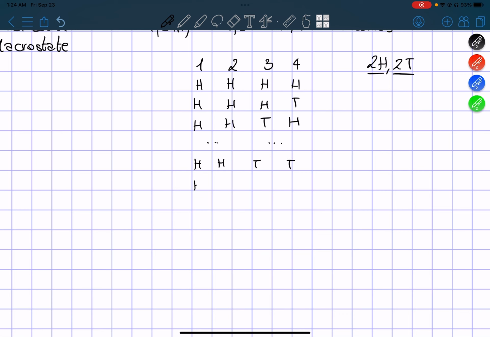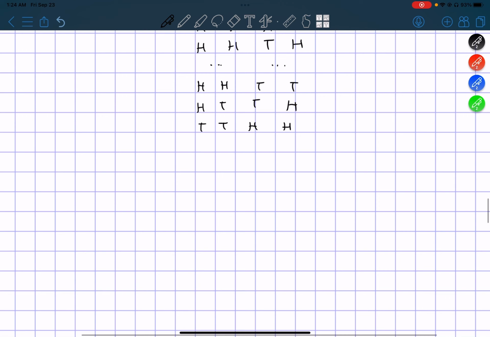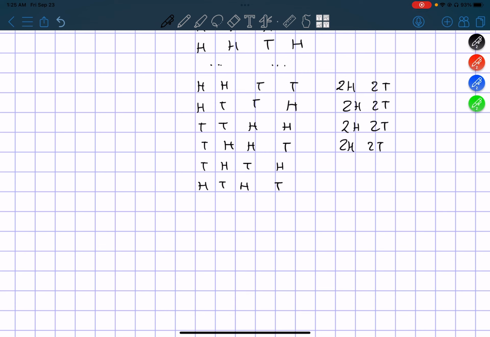The ones that have 2 heads and 2 tails are going to be head, head, tail, tail, and then head, tail, tail, head, tail, tail, head, head, tail, head, head, tail. Then we have tail, head, tail, head, and head, tail, head, tail. As you can see, each one has 2 heads and 2 tails, and so on until the last one.